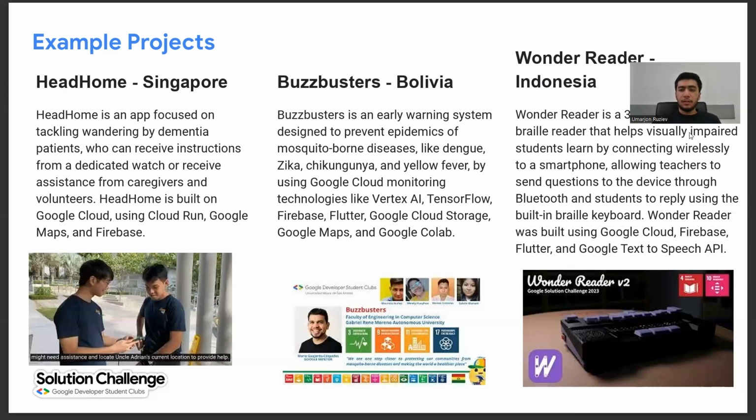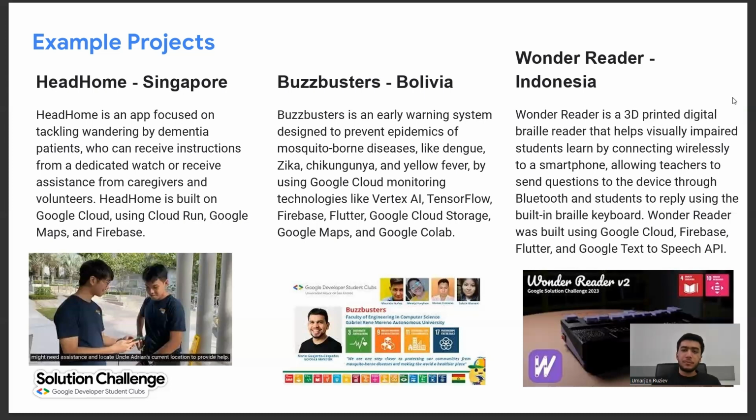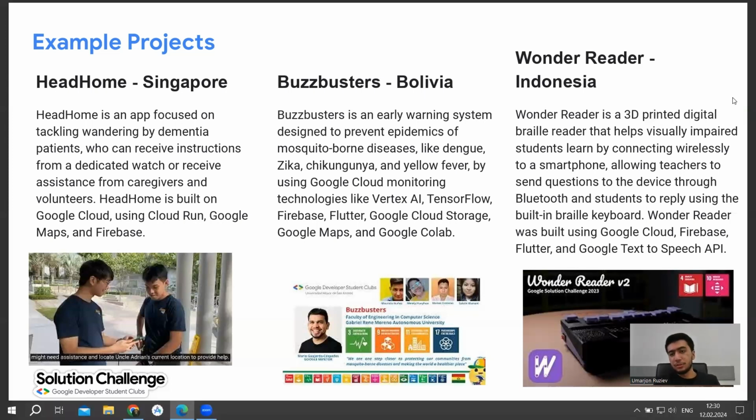And the next one here, you can see Wonder Reader from Indonesia. Wonder Reader is a 3D printed digital braille reader that helps visually impaired students learn by connecting wirelessly to a smartphone, allowing teachers to send questions to the device through Bluetooth and students to reply using the built-in braille keyboard.